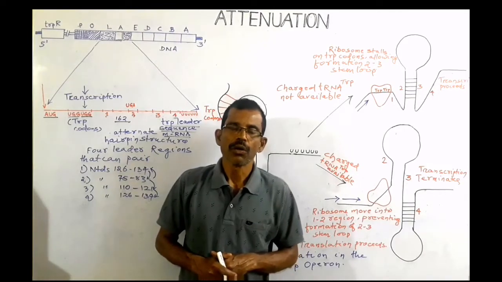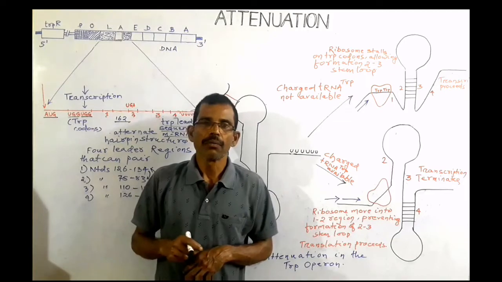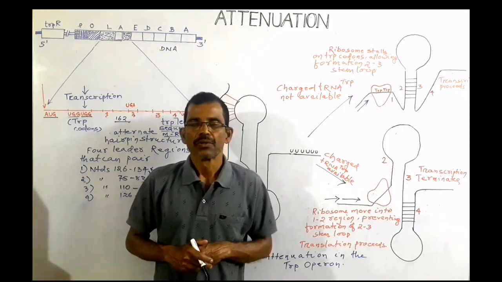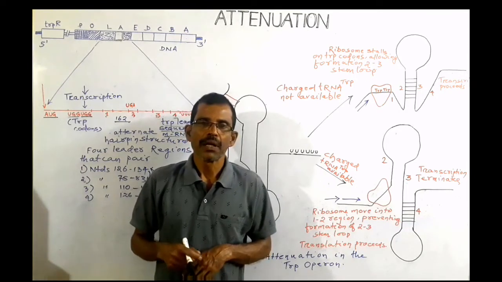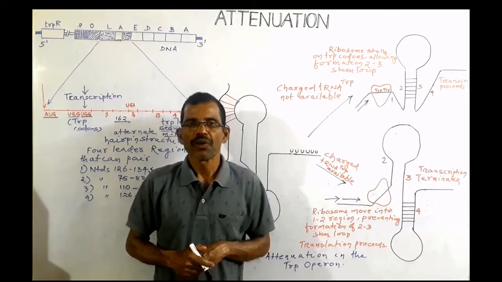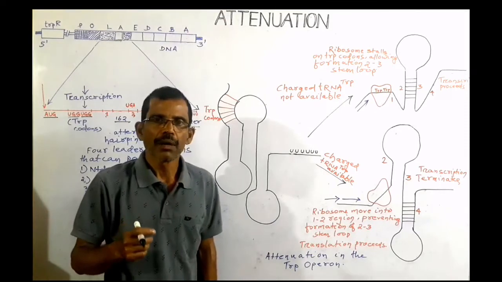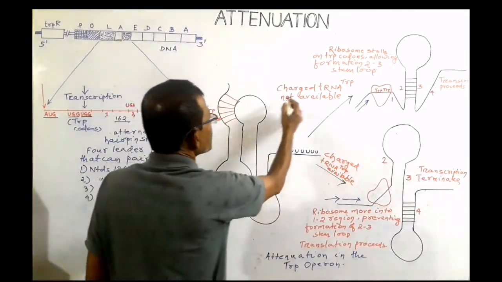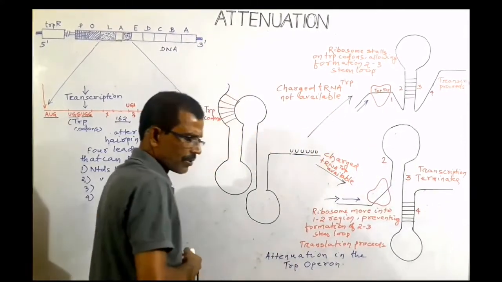When there is a low level of tryptophan, there will also be a low level of tryptophan charged tRNAs. So the tryptophan charged tRNA will not be available.